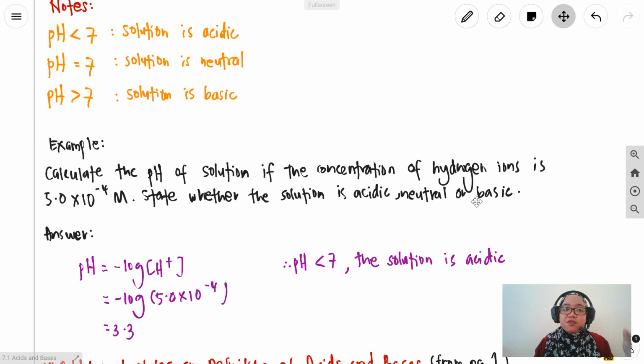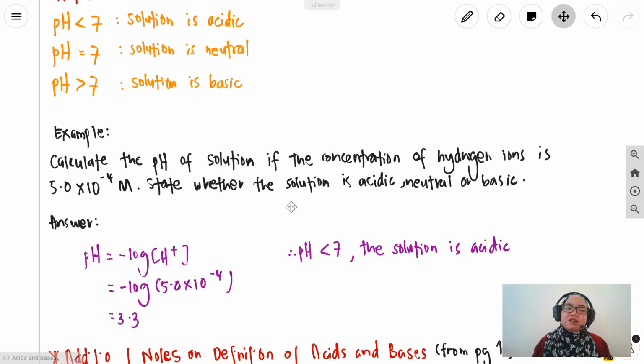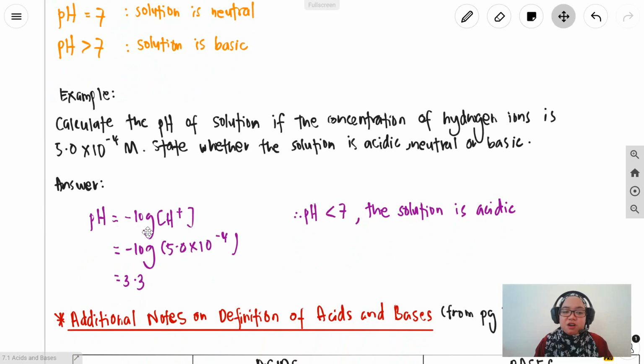First of all, it gives you the concentration of hydrogen ion, which means that we can find the pH, because pH equals negative log concentration of hydrogen ion. So we substitute all the information that we have, put it into the calculator, and we get pH equals 3.3. Since the pH is less than 7, we can conclude that the solution is acidic.